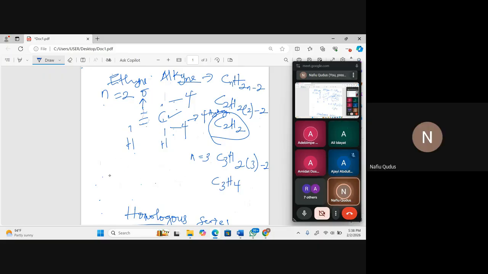Let's draw it. How do we go about it? C, C, C, with a triple bond and a single bond. Where are we going to put the triple bond? Here.